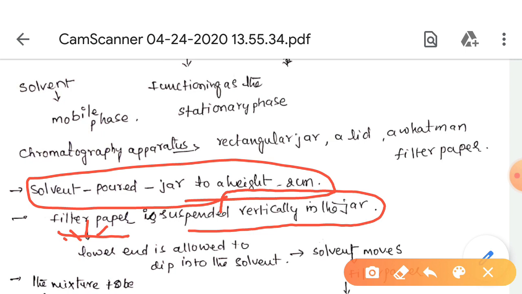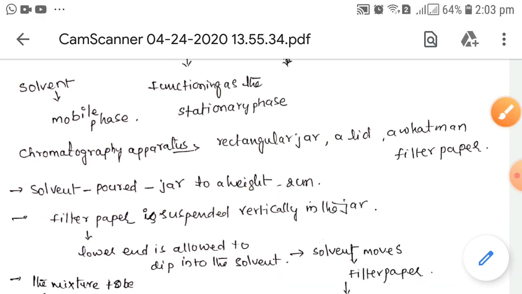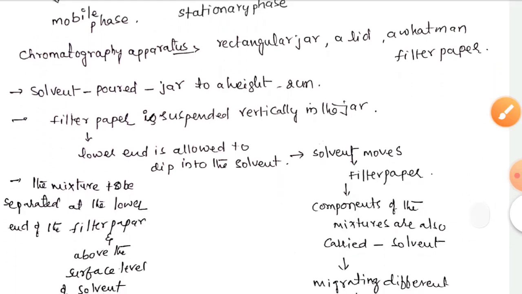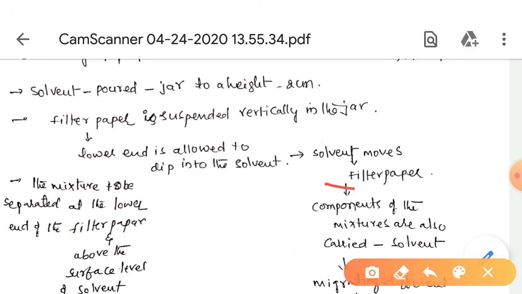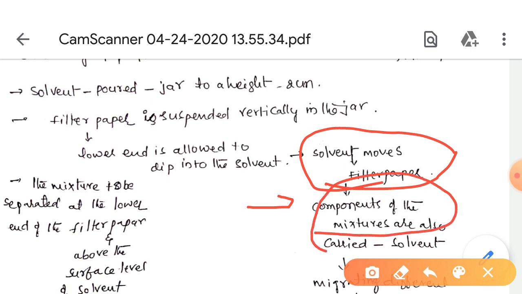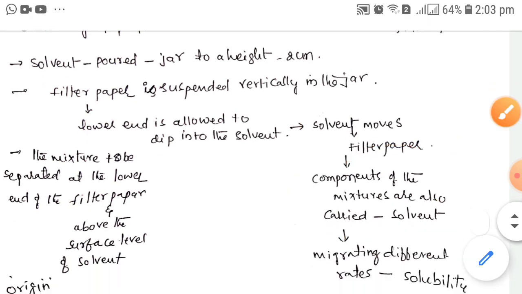The lower end of the paper is dipped into the solvent. The solvent moves up the filter paper, and the components of the mixture are also carried with the solvent.